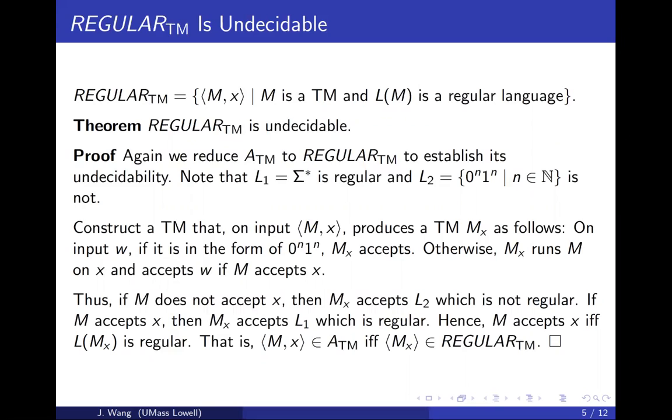Remember when we looked at E sub TM, it is just an encoding of a Turing machine where L of M, the language accepted by M, is empty. We know the empty set is regular, so we generalize this a little bit.